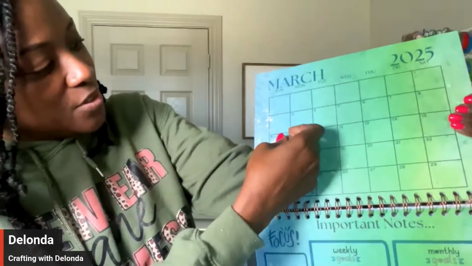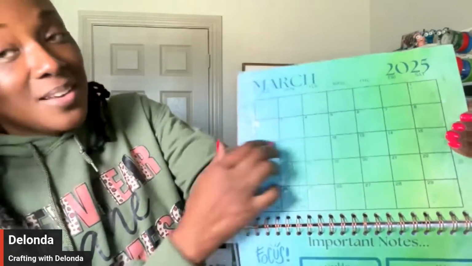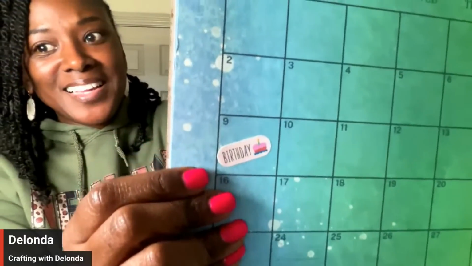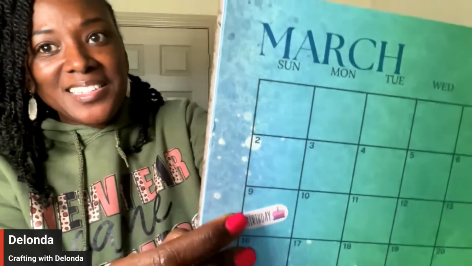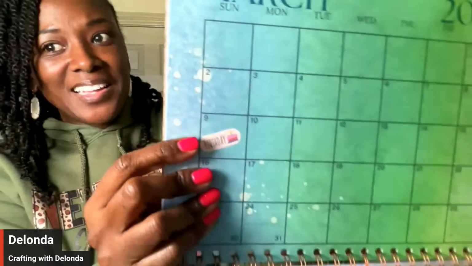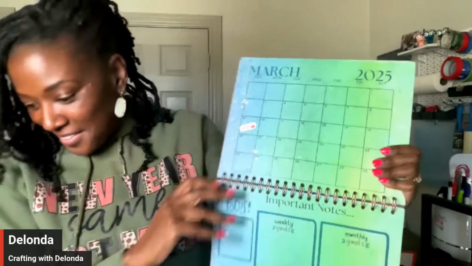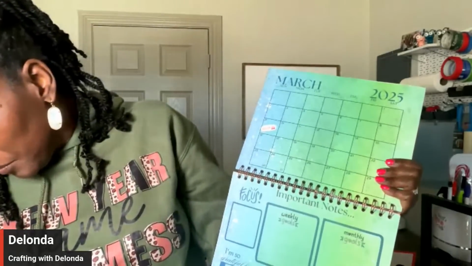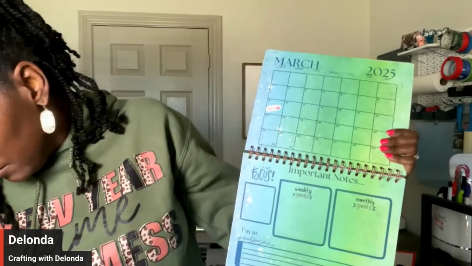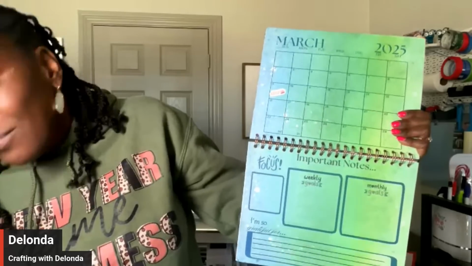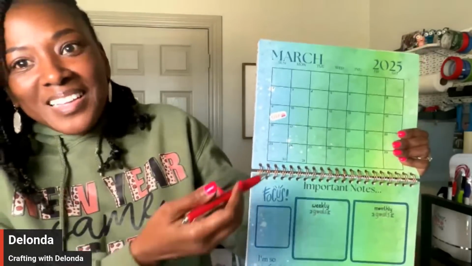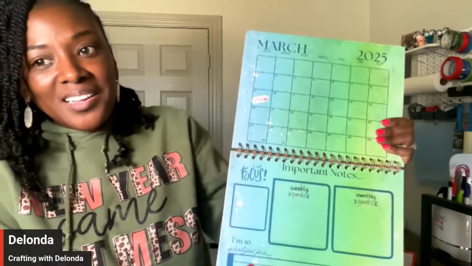I can just put this right here. See that? That's your birthday, March 9th? Okay. And I'll add the rest of my stickers later.